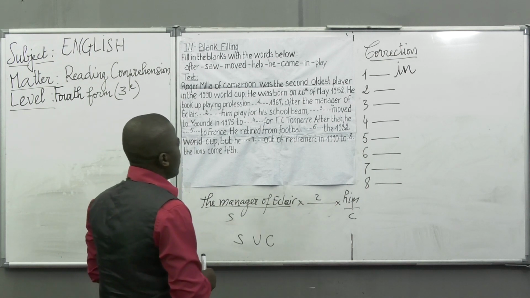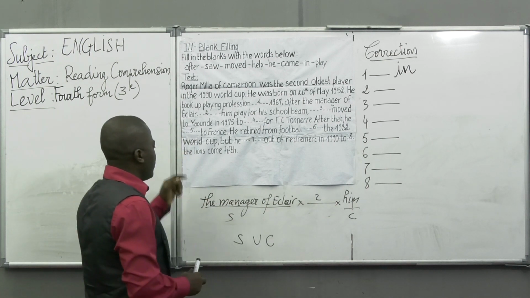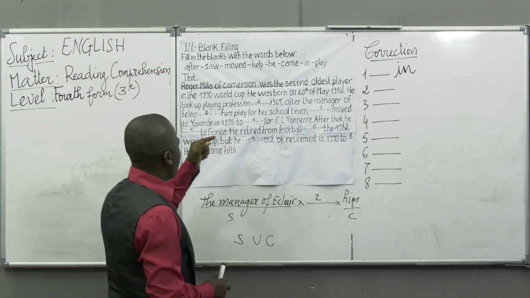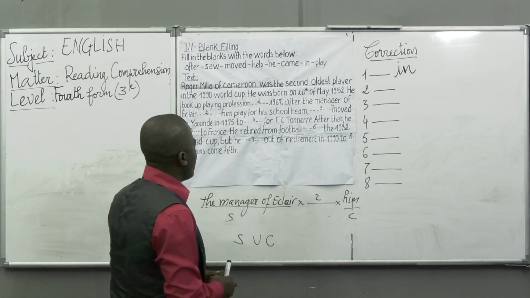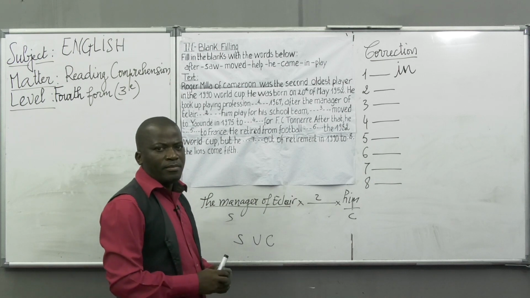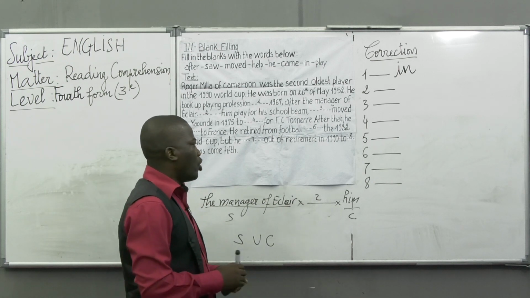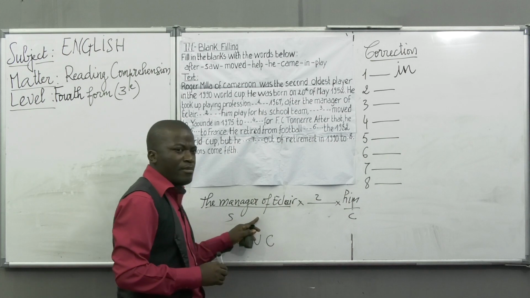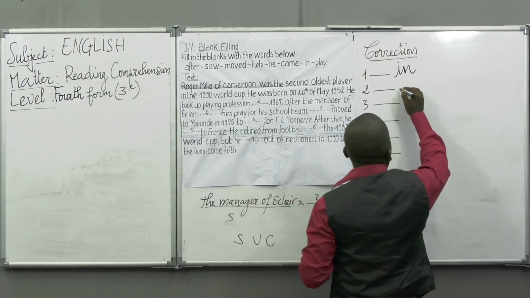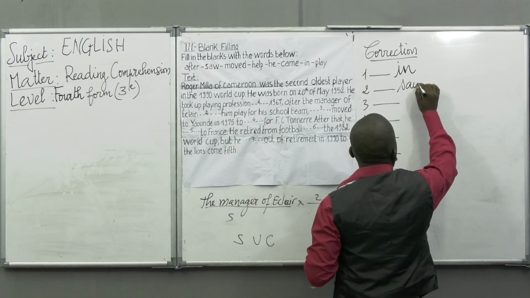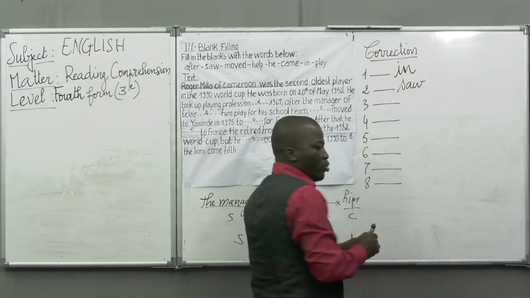Good. Now, which verb will you choose, class? Try to think, class. The manager of a club, him, play for his school team. The manager of a club, so. That's good.